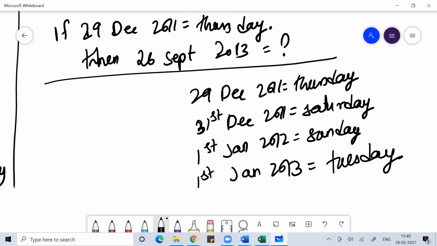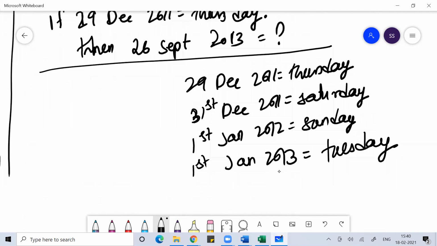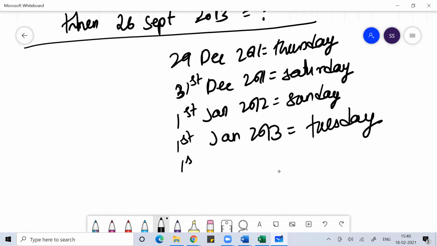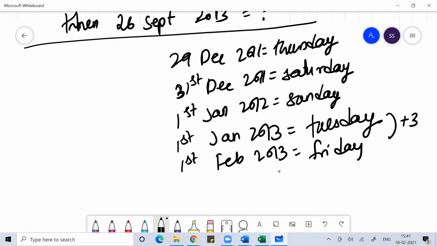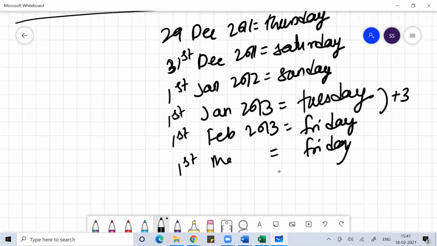I hope you are getting the logic. Then 1st February 2013, 3 days extra, so this would be Friday. Then 1st March is the same Friday, because February in a non-leap year has 28 days.